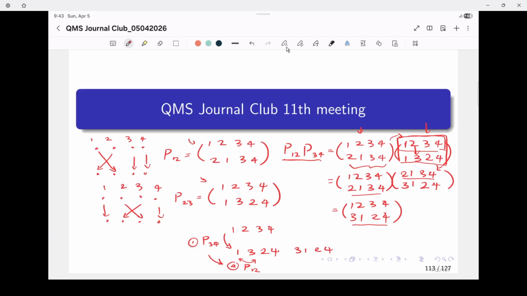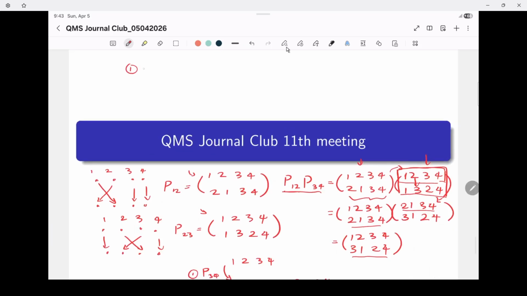If you have any questions, you can ask, because this is quite mathematically intense. So basically today I'm going through abstract algebra. The next week journal club I should go through what is SU2 and what is SO3.